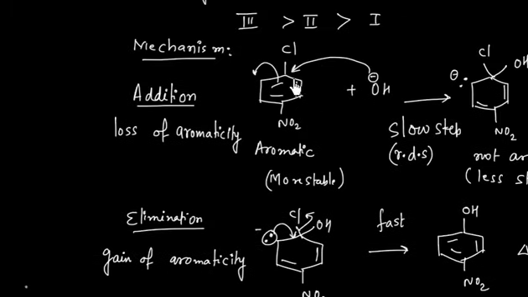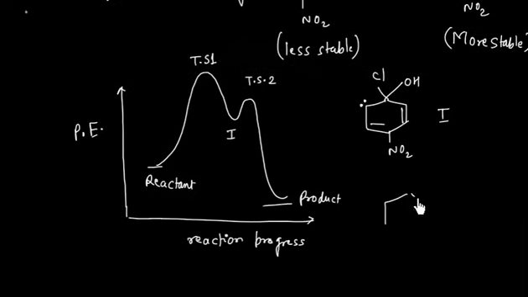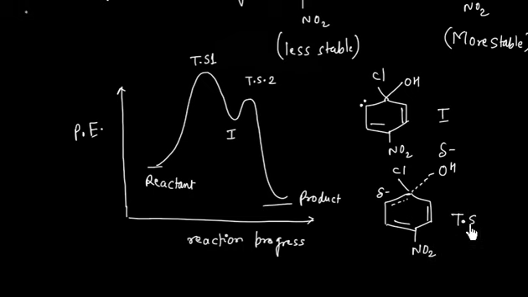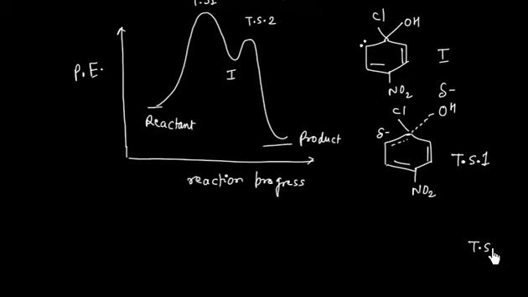In transition state 1, the carbon-OH bond is slightly forming, and this carbon-carbon double bond is slightly breaking. OH will lose some negative charge, and this carbon will gain some negative charge. So this is transition state 1. Similarly we can write transition state 2.